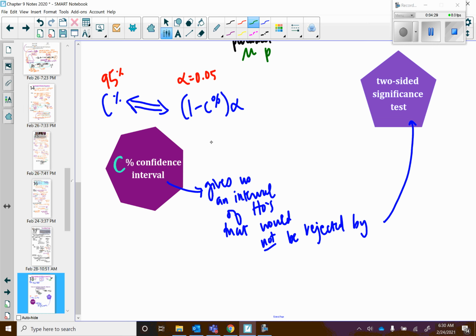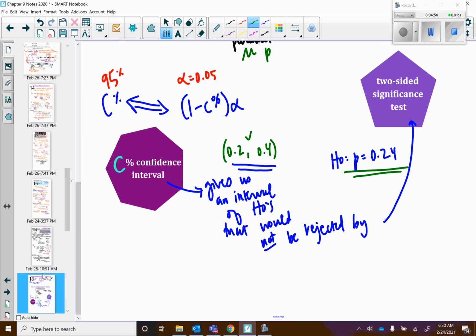Meaning a confidence interval is going to give you an interval of values. It'll say 0.2 to 0.4, 20% to 40% of the population believe in ghosts, whatever. And any number in here, if that was our null hypothesis, if our null hypothesis is that p is equal to 0.24, then we would not reject that. We would fail to reject that.